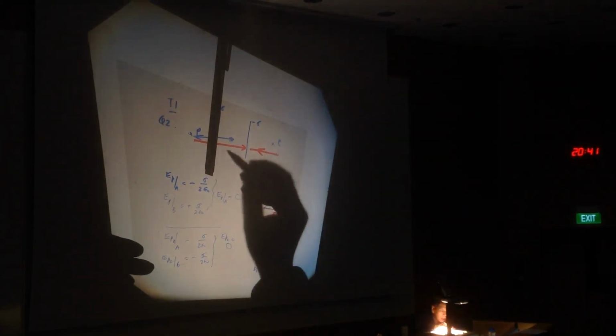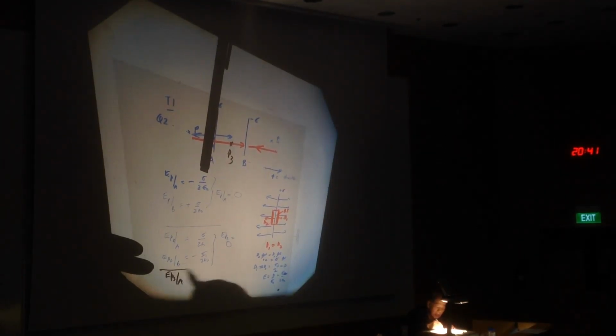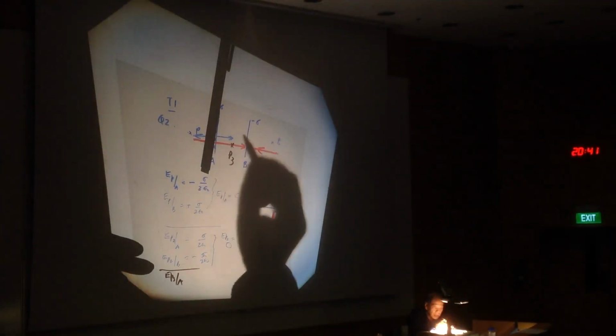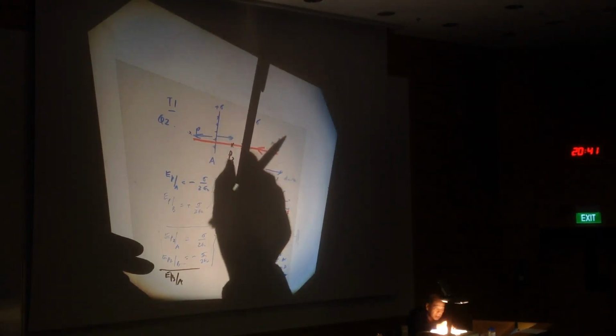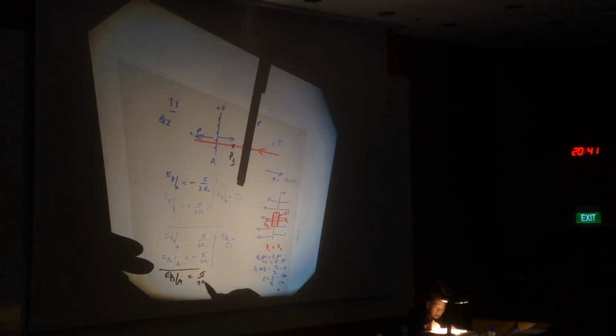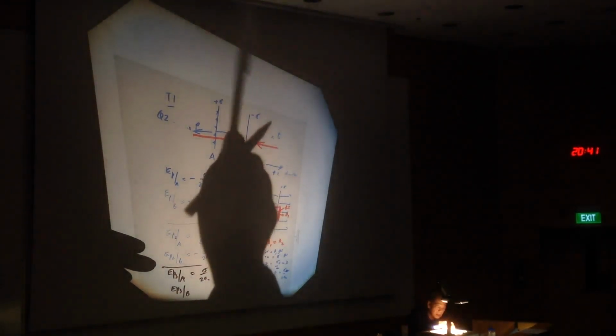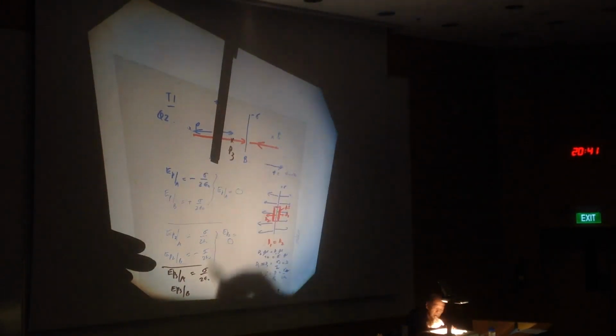Okay, everybody? Okay, at this point here, I call it P3. So E at P3 due to A, the first thing here, going to the right, sigma upon 2 epsilon naught. E at P3 due to B, going to the right.